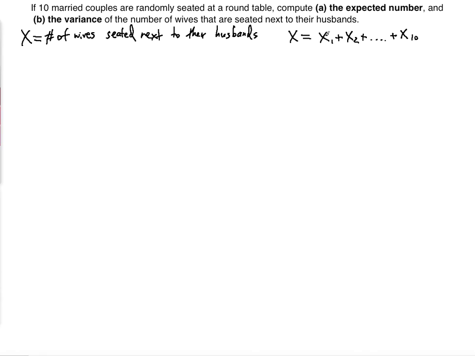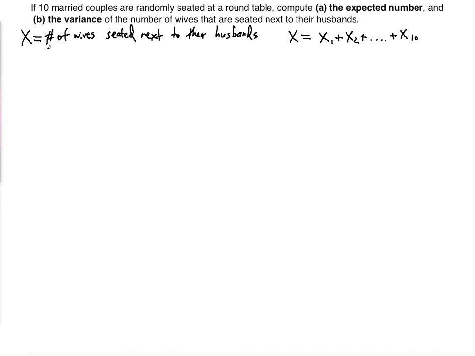Right? Because if it's equal to 1, then the total count will be 10. If it's equal to 0, or some of them will equal 0, obviously your result X will be less than 10. It will be some integer less than 10, 9, 8, 7, or 6, or 5, etc. Right?